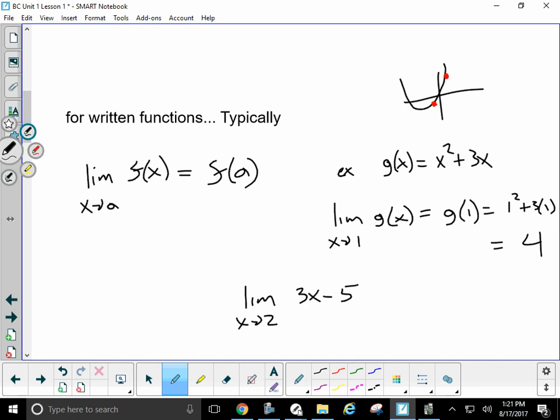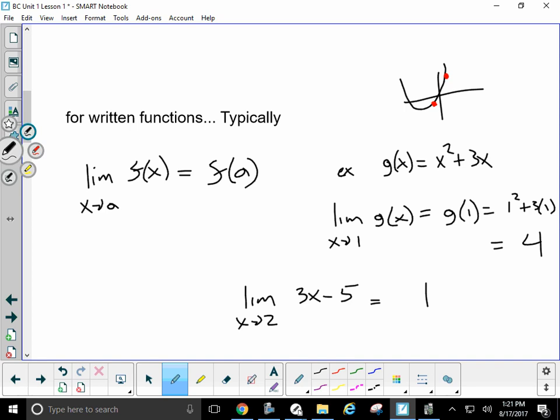You should be able to get this answer, because if I think of 3x minus 5 as a function, it's a straight line. No jumps, no holes, no crazy things. The limit and the function value will equal each other. This limit will just be equal to 6 minus 5, which is 1. Does that make sense?